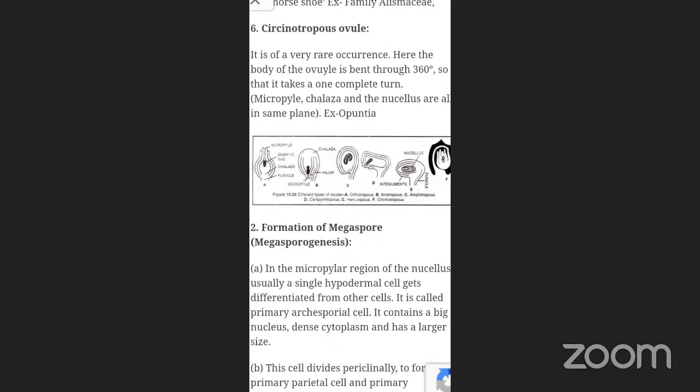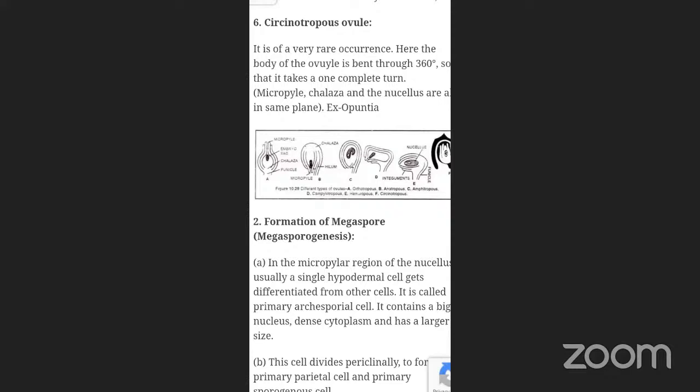Additional structures are there, attached to the integuments. Maheshwari in 1950 defined aril as a new structure that arises from the base of the ovule and forms a third integument. So aril is considered as a third integument, not integument-like, but considered as a third integument.